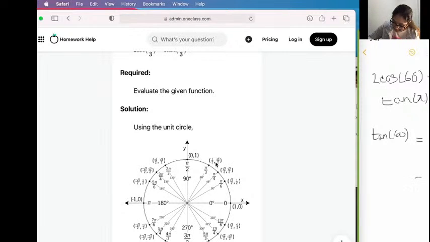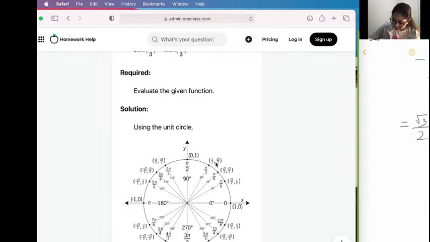Since sine of 60 is root 3 over 2, and we divide that by a half, we flip it and get root 3 over 2 times 2 over 1. Then these two cancel out, and we ultimately get root 3. So tan of 60 equals root 3.